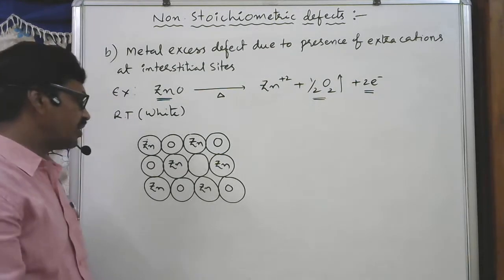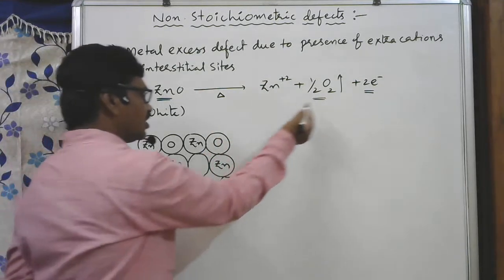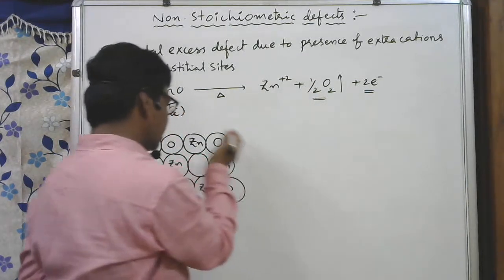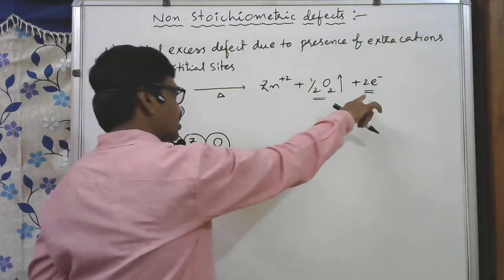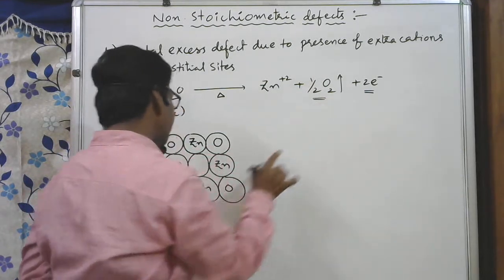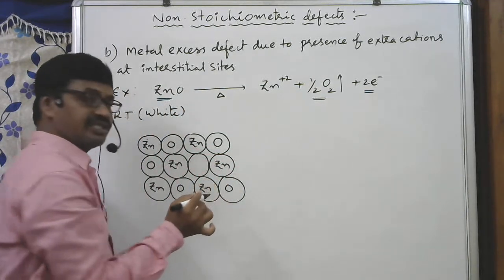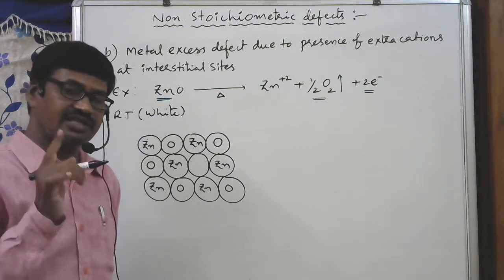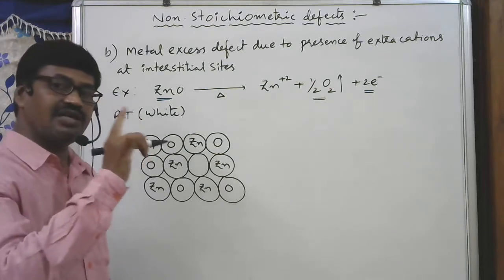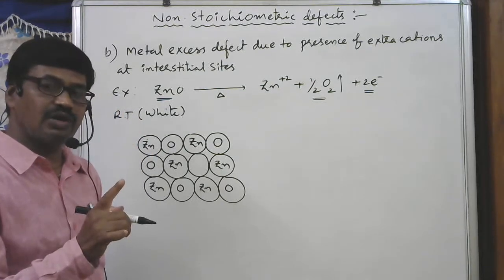So here also, after liberation of this oxygen gas from the zinc oxide solid after heating, the electrons released enter into adjacent or alternate interstitial sites, not like metal excess defect due to anion vacancies.